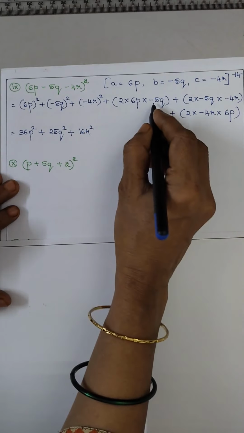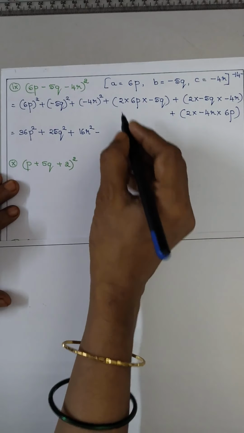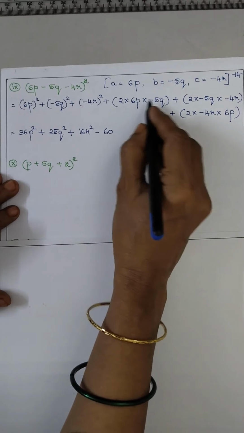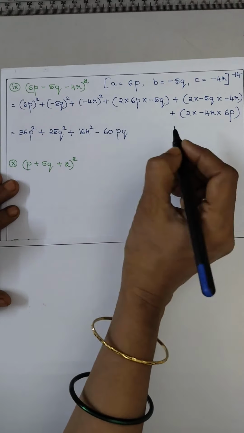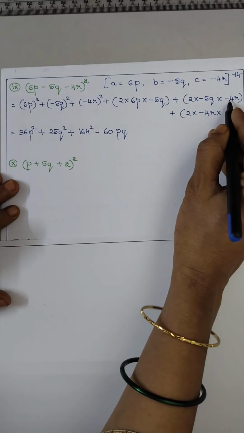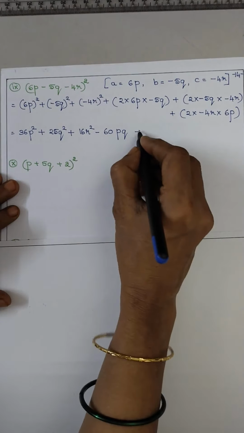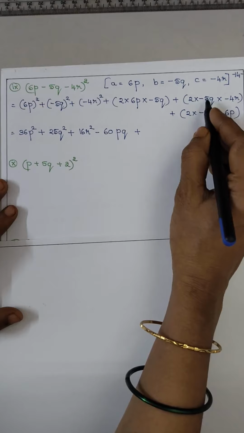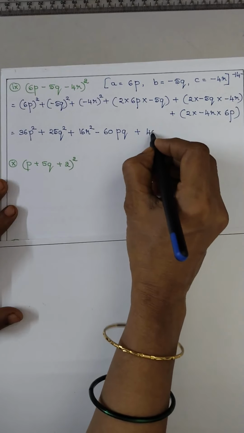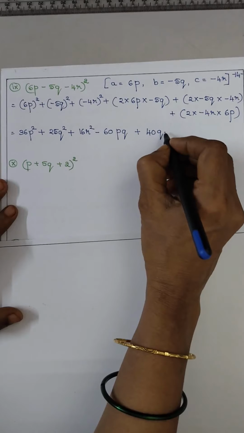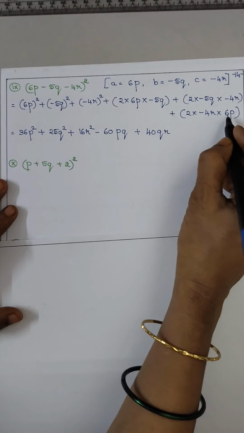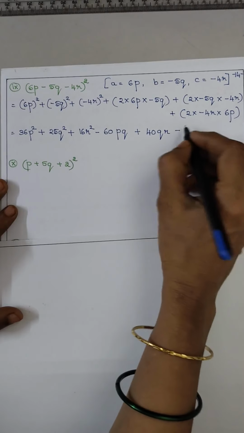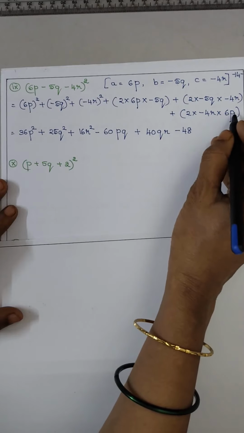Within the bracket 1 negative, so minus 2 5s are 10, 6 are 60 pq. 2 negative means positive, याद है ना? 2 5s are 10, 4s are 40 qr. 1 negative, so minus 2 4s are 8, 8 6s are 48 rp.